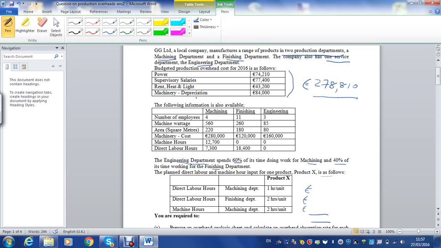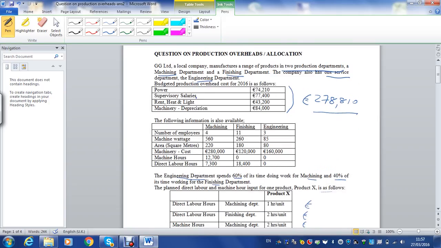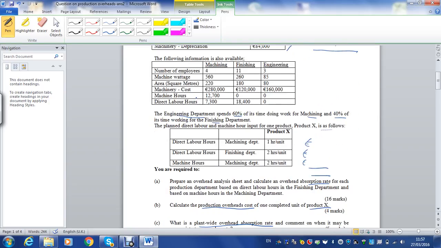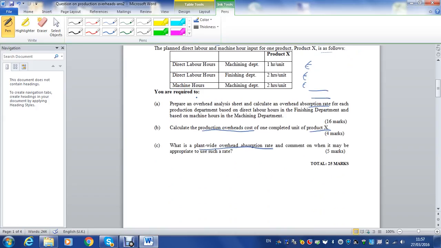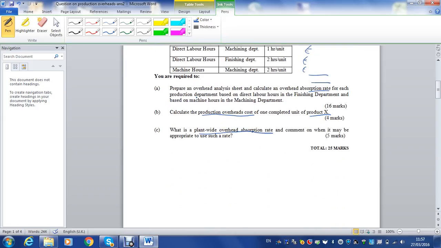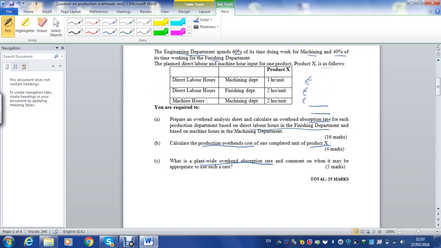So with that in mind, and I think everyone has a copy of the question at this stage, we'll just get into it. So we'll go into part A. We're asked to calculate the overhead absorption rate for each of the production departments, and they've given you how to do it: based on direct labor hours of the finishing department, that's this one here, isn't it?